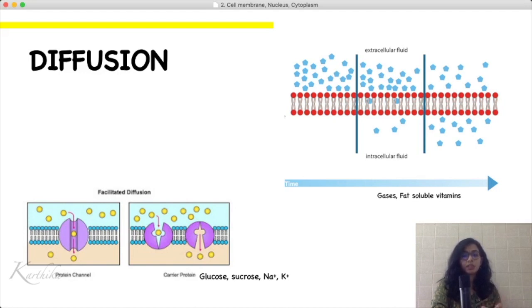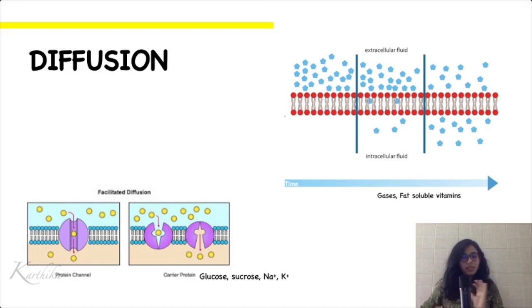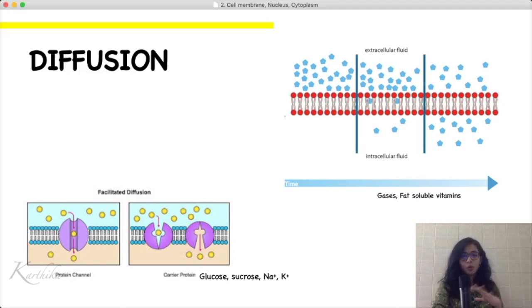That means specific proteins are shaped in such a way that they can transfer specific substances through them. This process, which is spontaneous but where the proteins help in the diffusion, is called facilitated diffusion. The first one was passive diffusion. Now both of these are spontaneous. It can happen on its own.